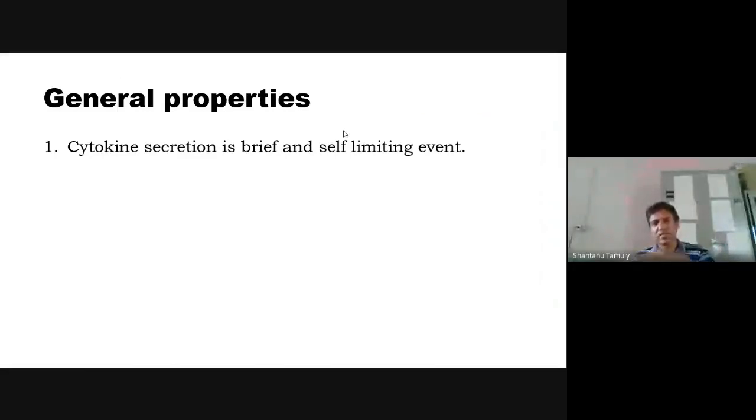Then this mRNA is not degraded. After making one protein, it can enter another ribosome to make a second protein. But in the case of cytokines, it is not like that. One mRNA will produce only one protein. It will go to the ribosome and make the protein. After making the protein, this mRNA will degrade immediately.